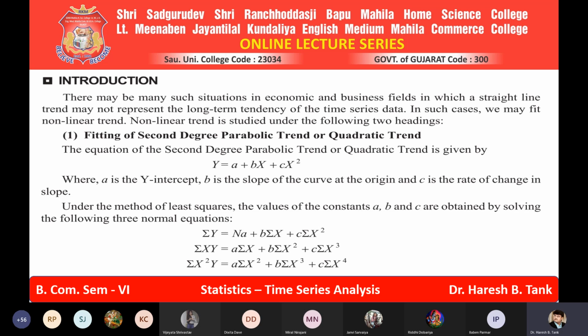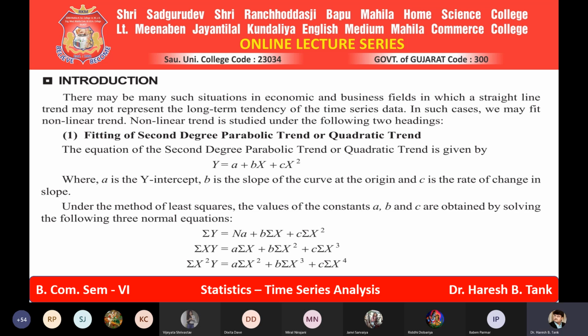Summation of 1, since it is done n times, is n. So it is n times a plus b times summation x plus c times summation of x square. Is it clear? The same process you did in the last example, so there is nothing like rocket science in it. Simply we have implemented summation on both sides.